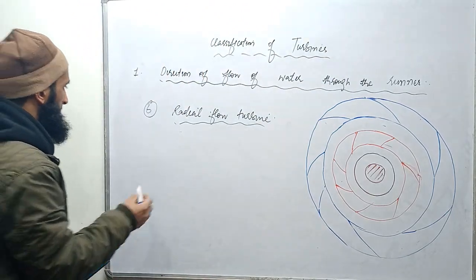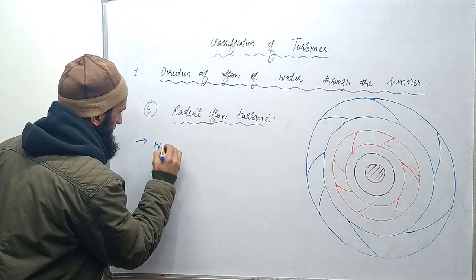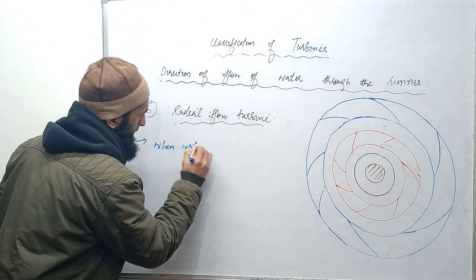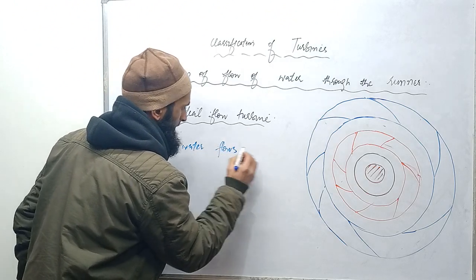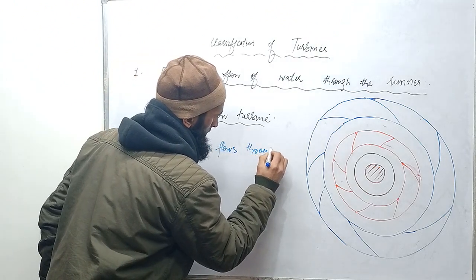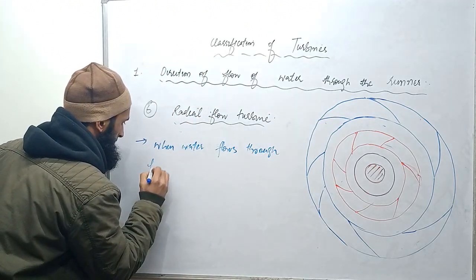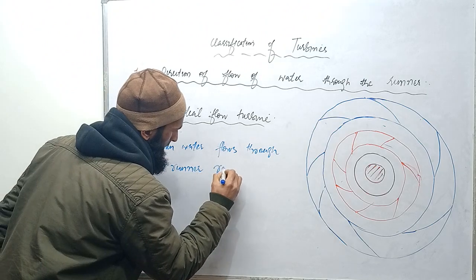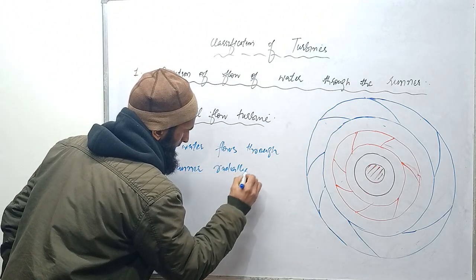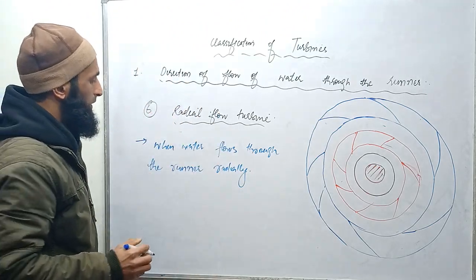In this we can write: when water flows through the runner radially, this is known as radial flow turbine.